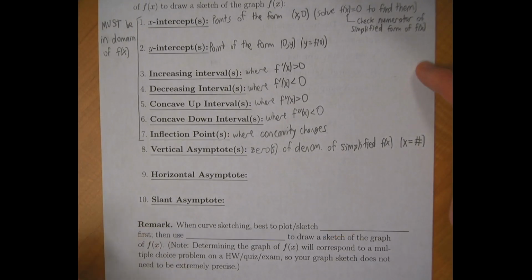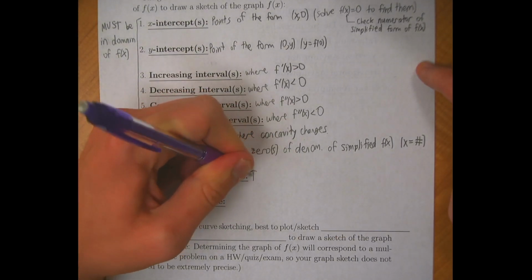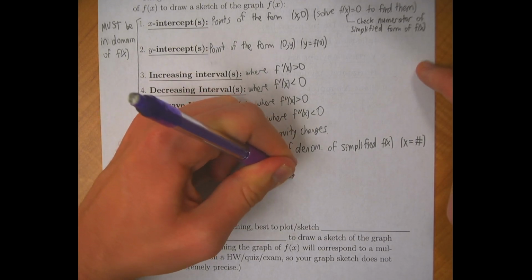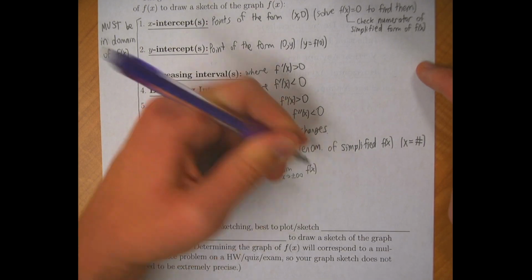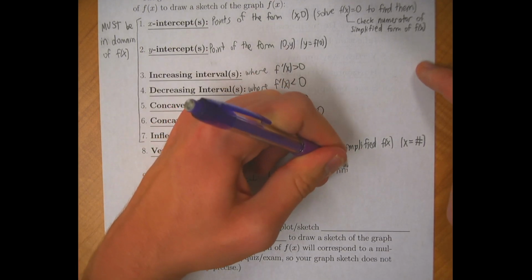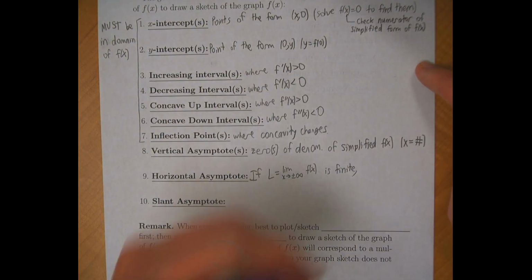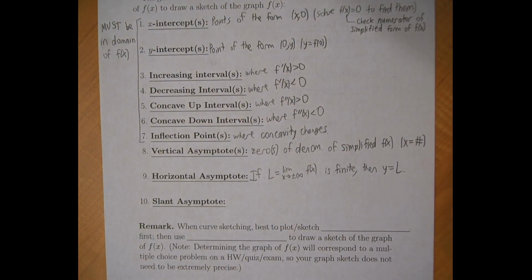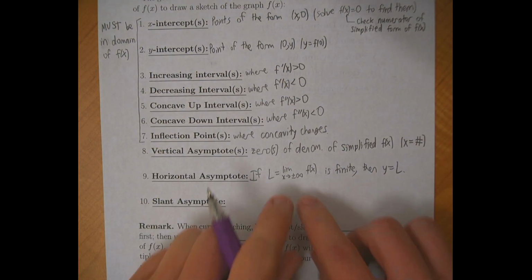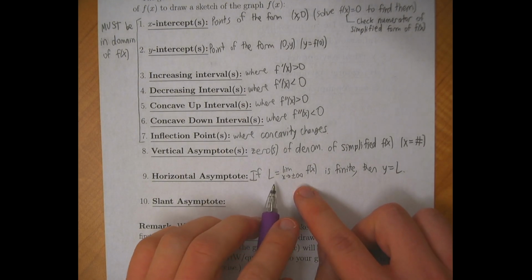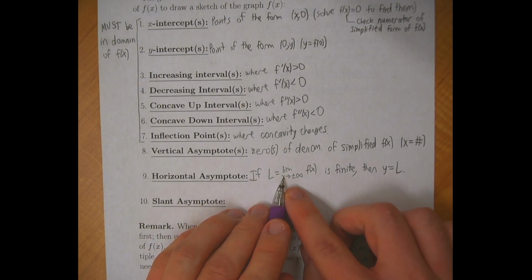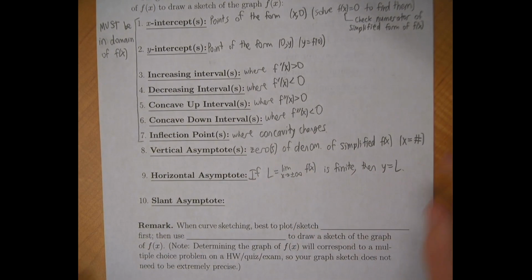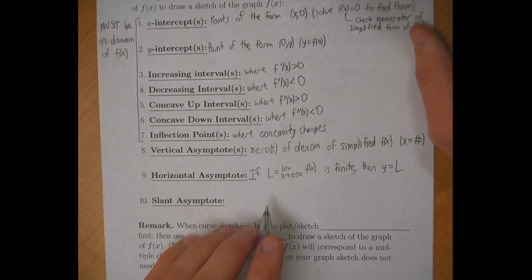The horizontal asymptote, meanwhile, you have to focus on if L equals the limit as x goes to plus or minus infinity of f of x is finite, then y equals L. Okay. And so the nice thing is generally with these types of problems, if the limit is going to be finite, usually the limit as x goes to positive or negative infinity is going to be the same if we have finite L. And that does hold even if L is 0.